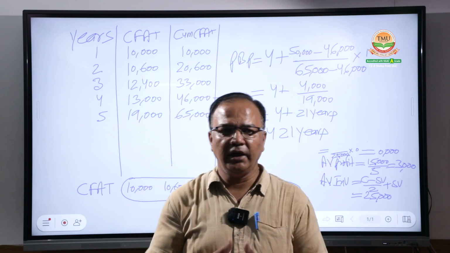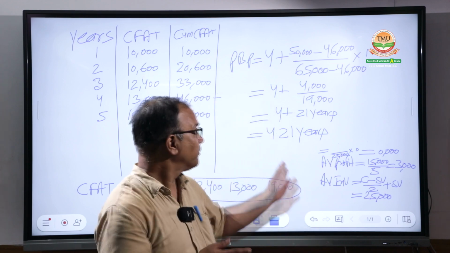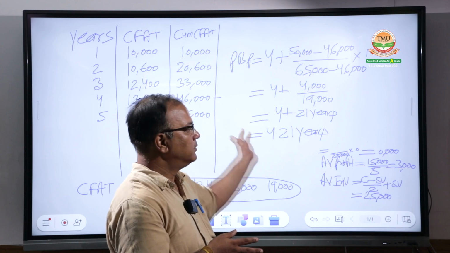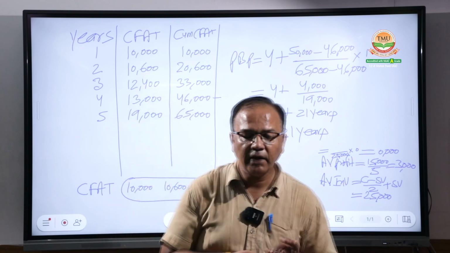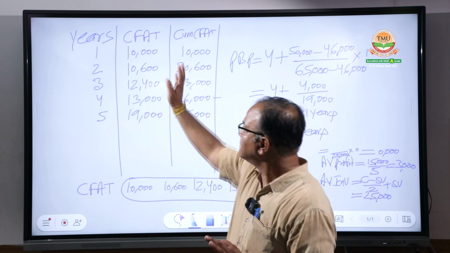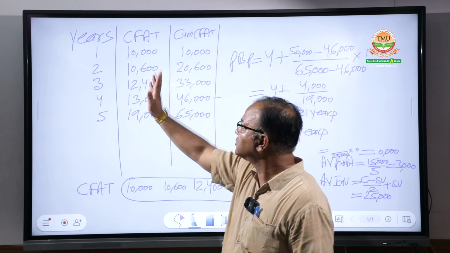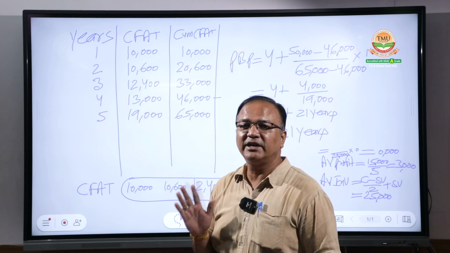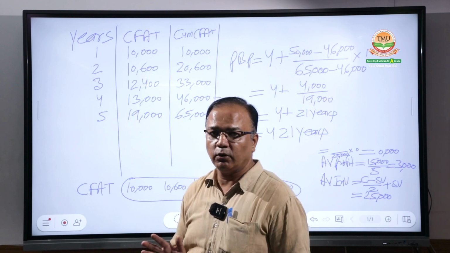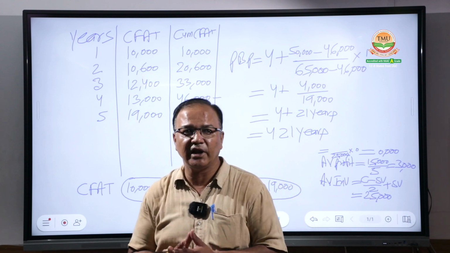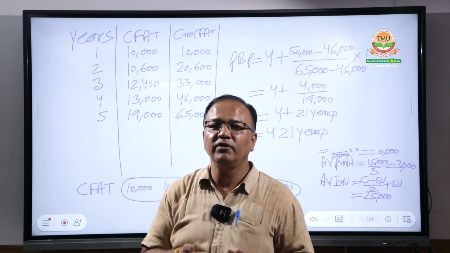I think it's clear to all of you. I'm repeating one time again. Simply, you have to do 3 things. First of all, you have to calculate CFAT, and most of the time CFAT is directly given to you.